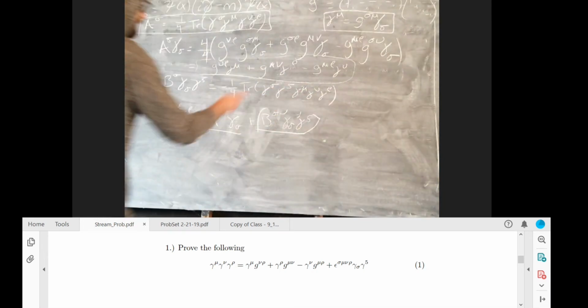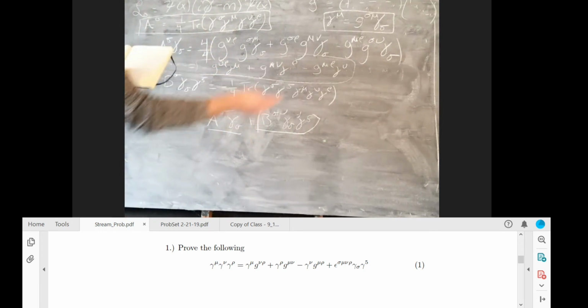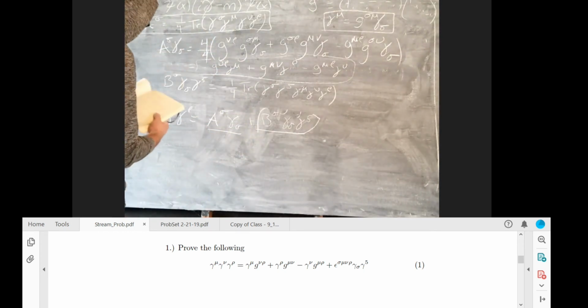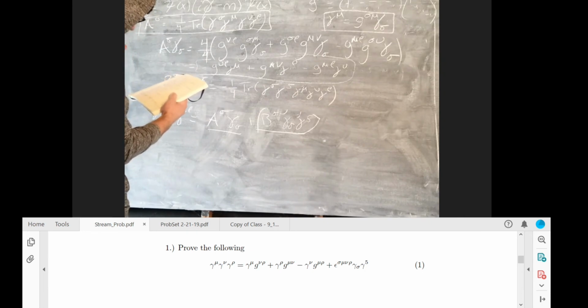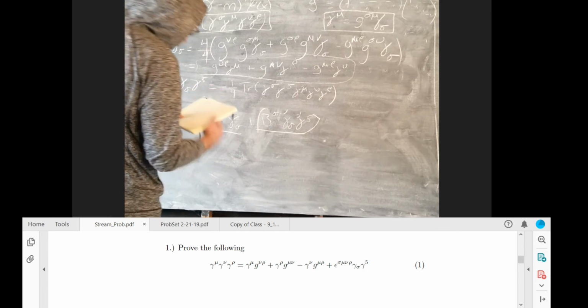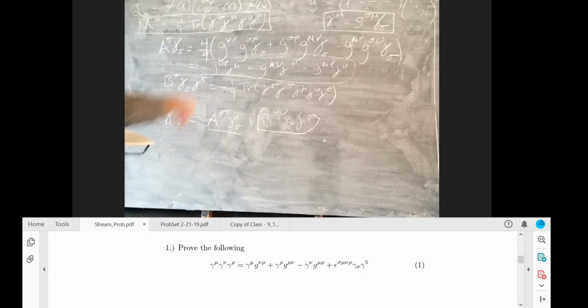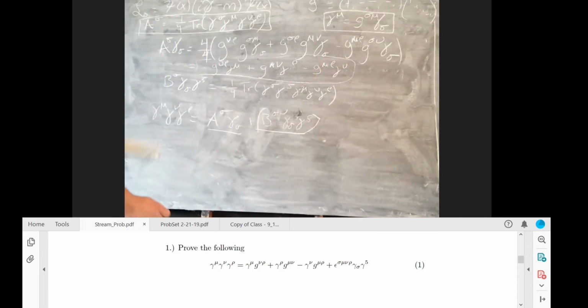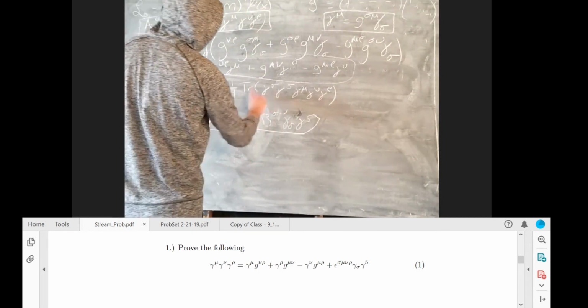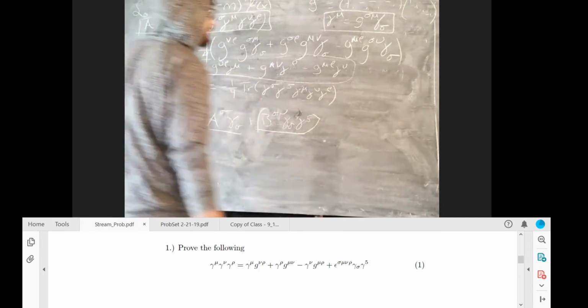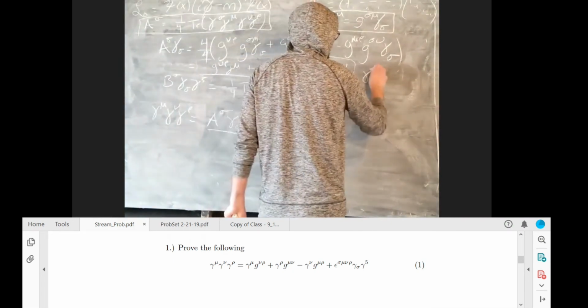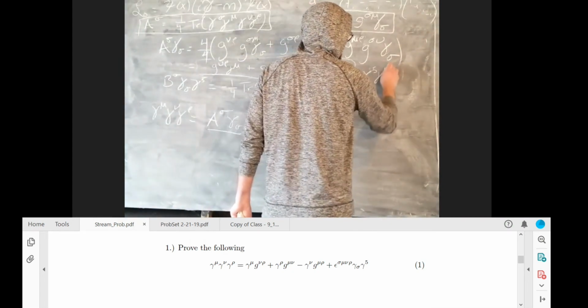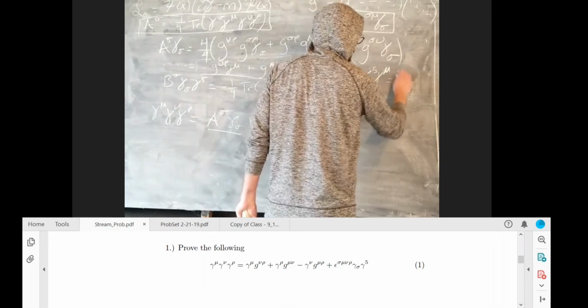If gamma 5 is in the front, you just get that, I already wrote it down, you get the Levi-Civita times 4i times the Levi-Civita of all those indices, sorry. But the gamma 5 has to be in the front. He also gives you a nice little identity that basically just says that gamma 5 anti-commutes with all the gamma matrices.